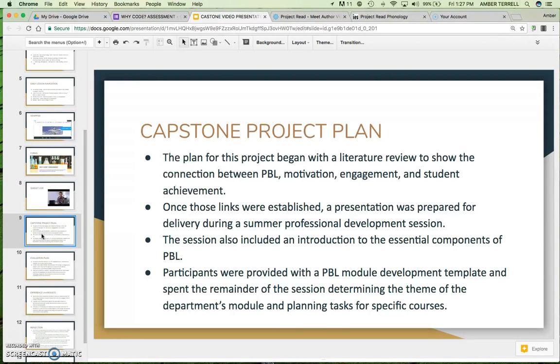During that session, Connections teachers learned about the essential components of PBL, and they were provided with a PBL development template, and they actually developed their own modules and they planned tasks for specific courses.